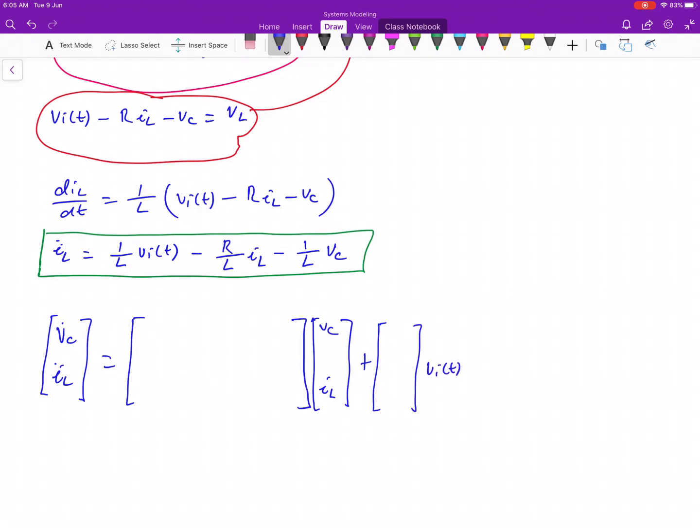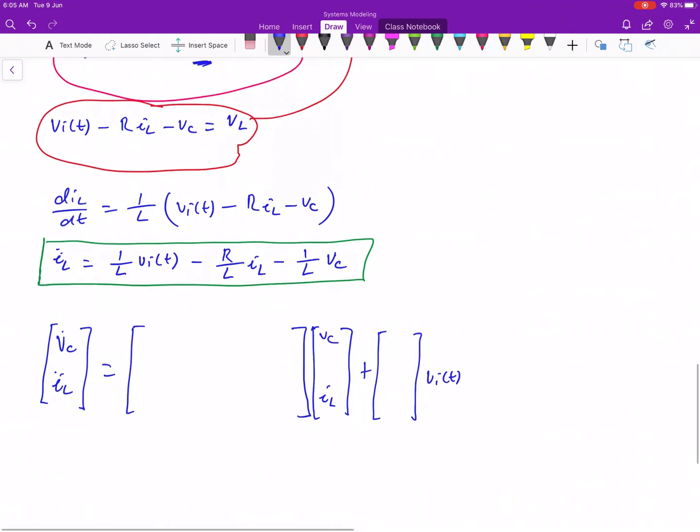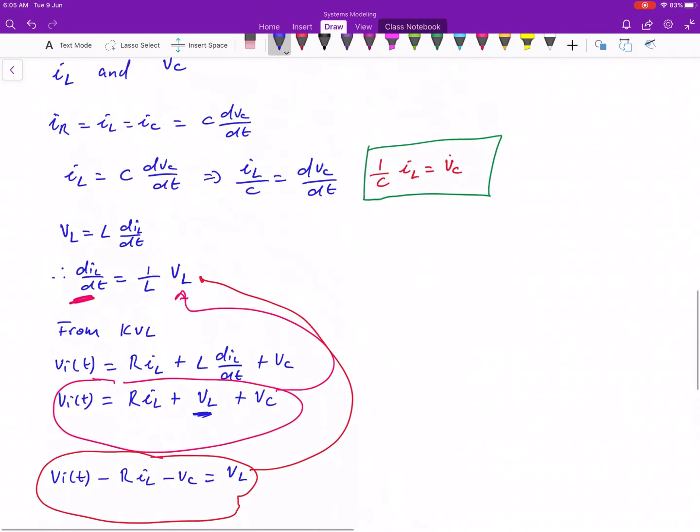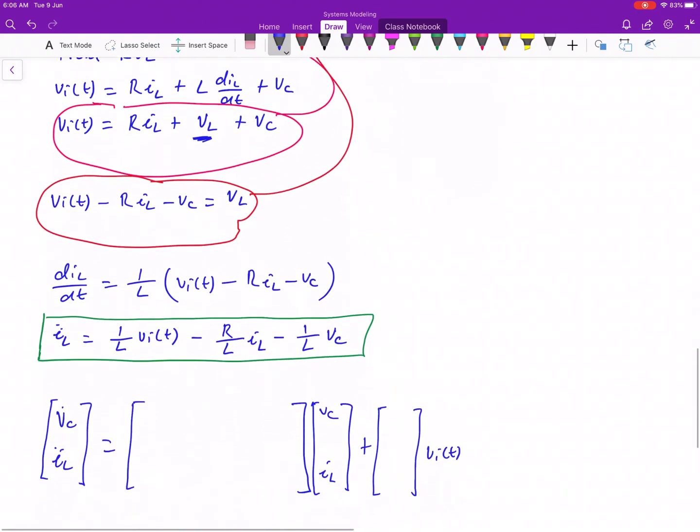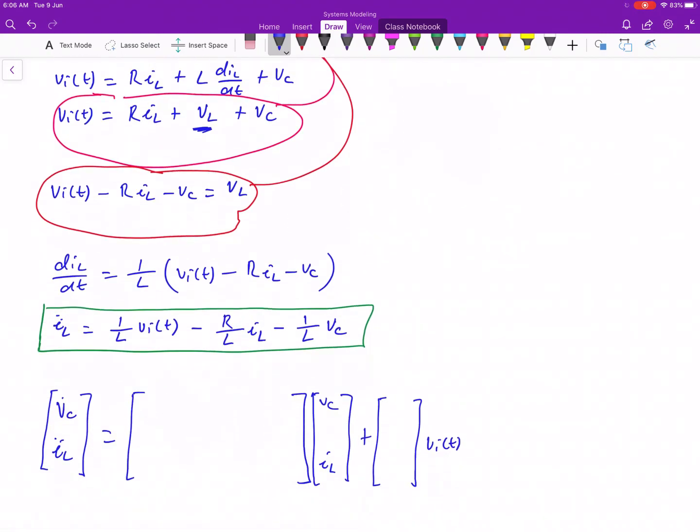And what we had for Vc earlier was 1 over C times IL. So for Vc we had nothing, but for IL we had 1 over C.